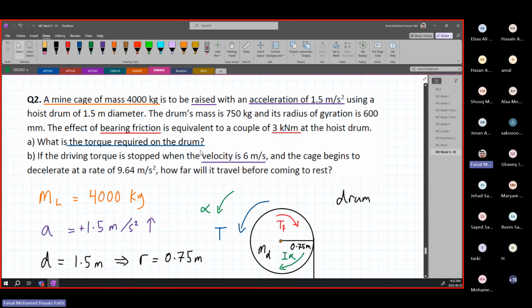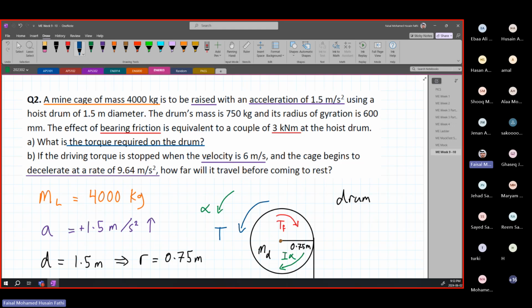So initially, it's at 6 meters per second when we start this phase of action, you could say. The cage begins to decelerate. Decelerate meaning this is our acceleration now. This is our new acceleration at a rate of 9.64 meters per second. So it's a negative acceleration.